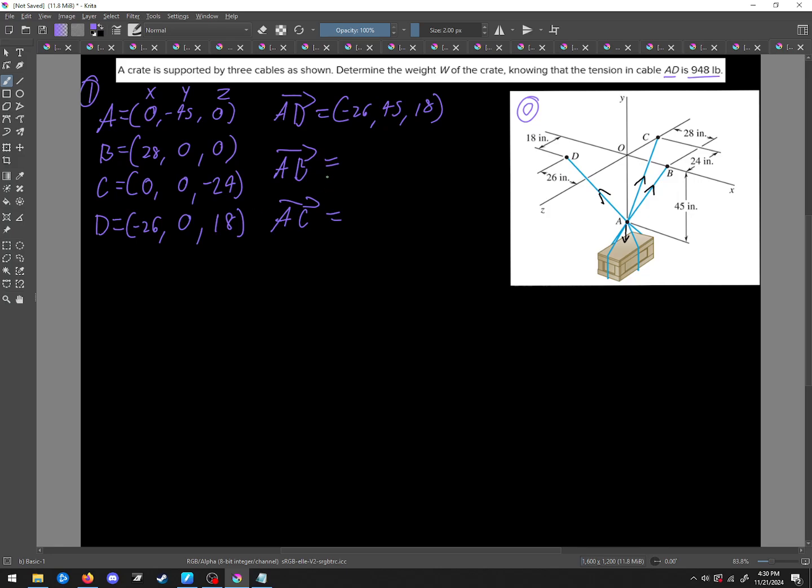And same thing with AB. 28 minus 0, left with 28. And this would be 0 subtract 45, so 45. And then 0 subtract 0 is going to be 0. And AC, 0, 45, and then that's going to be negative 24.